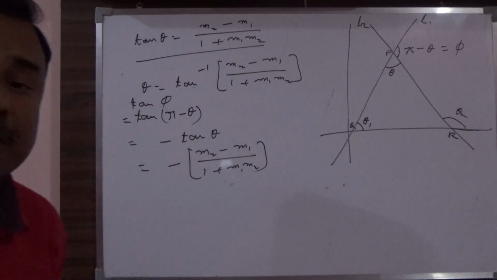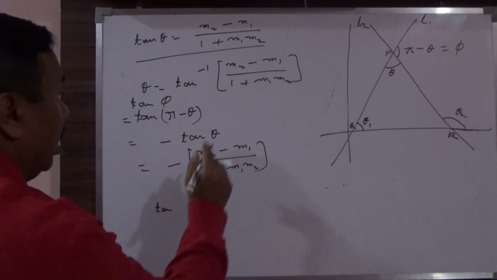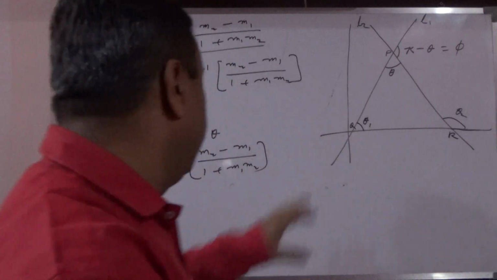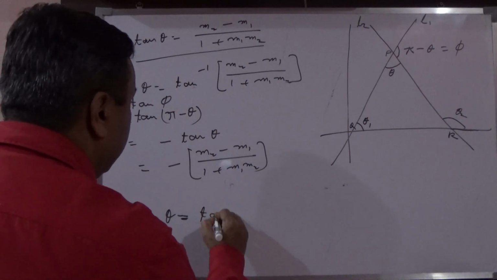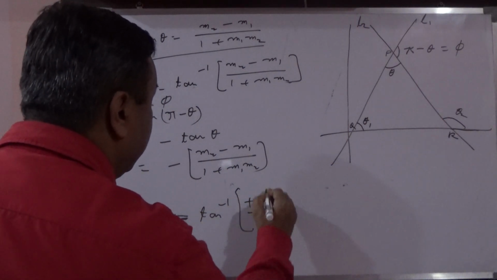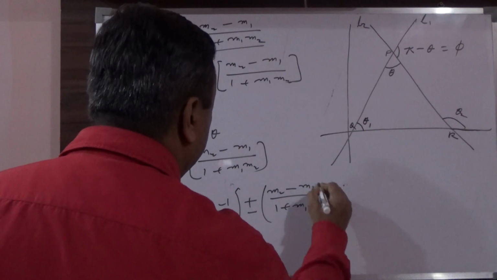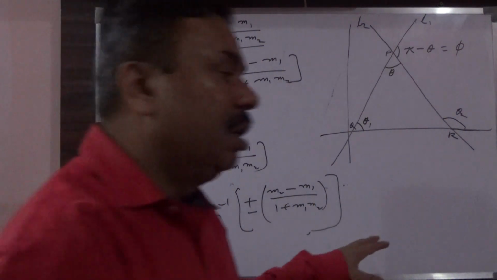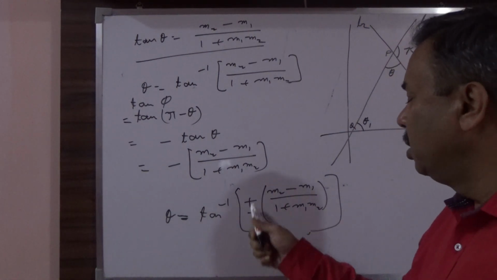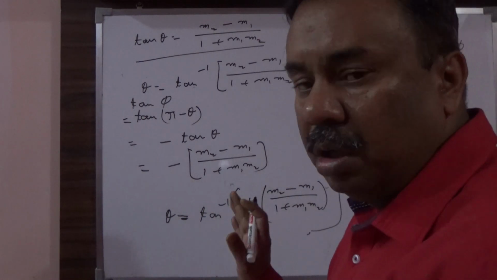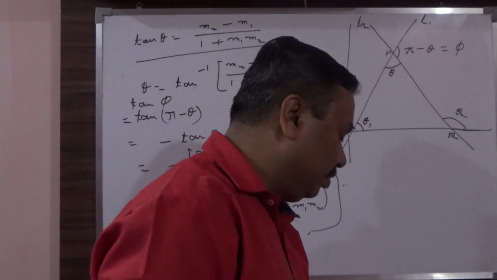So in other words, since it is not sure which angle you are taking as theta, the angle can be tan inverse of plus or minus m2 minus m1 divided by 1 plus m1 m2. Both the plus and minus values are correct for finding the angle between the two lines.